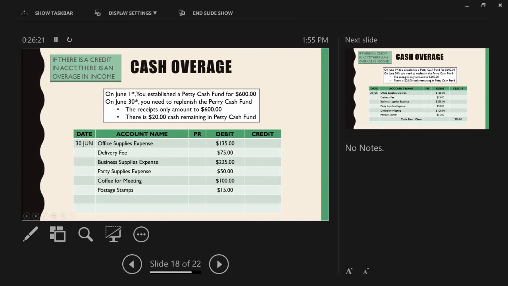Now, if we're looking at an overage, here is the same scenario. I bought my supplies. However, my total expenses are going to be a total of $600. Now, if I establish my petty cash to be $600 and I end up calculating all of my receipts, it's exactly $600. However, I find $20 extra in my drawer. And that's weird, right?